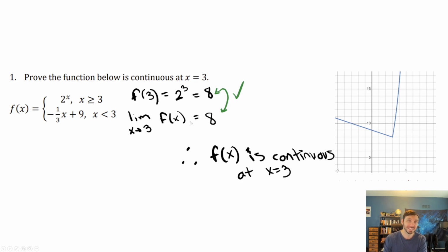In my opinion, that's a bit much, but some people do require that. So just be mindful of that. But here's my bottom line. If the function evaluated at the input is 8, and we know the behavior by the definition of a limit coming in from the left and right is also 8, then therefore the function is continuous at this value of 3. It's continuous and the output is 8.